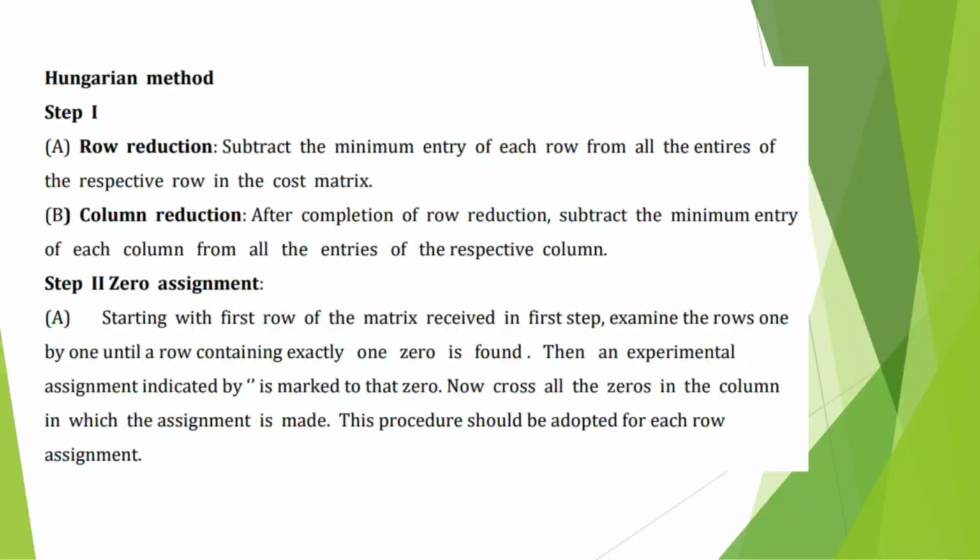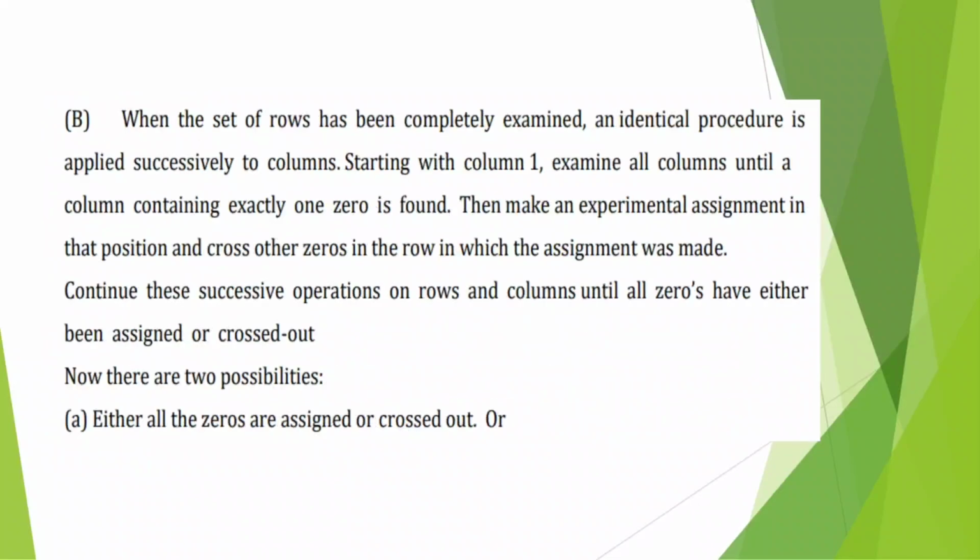Starting from the first row of the matrix received in the first step, examine the rows one by one until a row containing exactly one zero is found, and assign it. Then we have to cross all the zeros in the column in which the assignment is made. This procedure should be adopted for each row assignment.